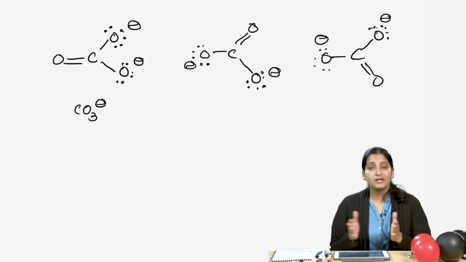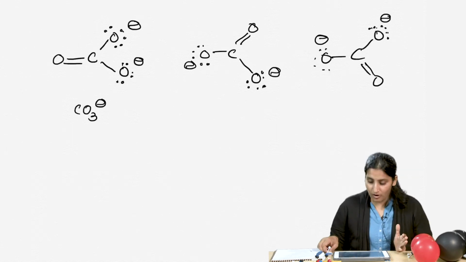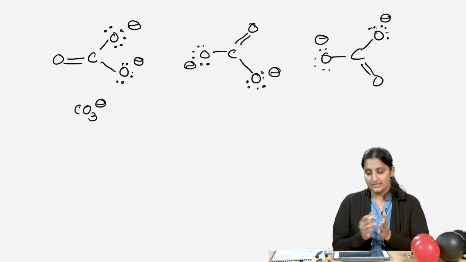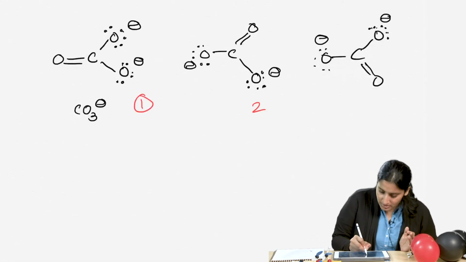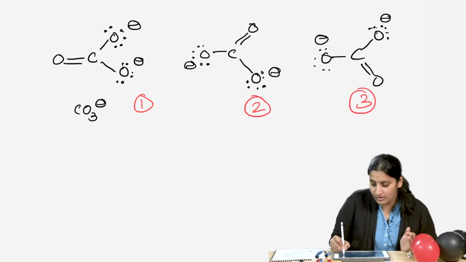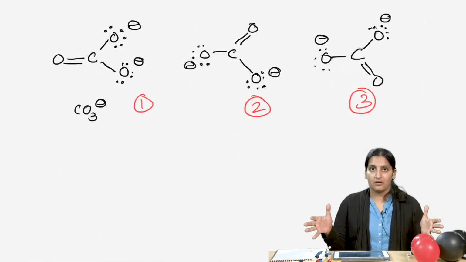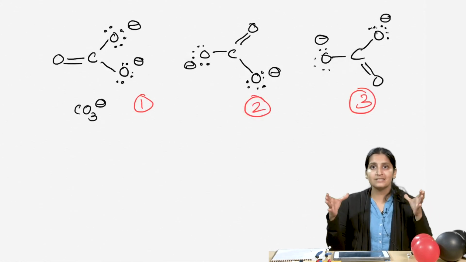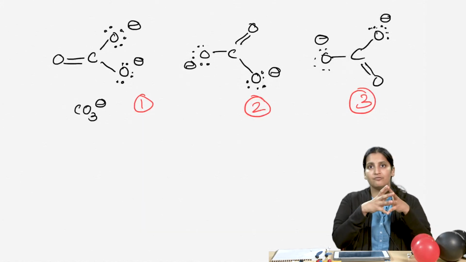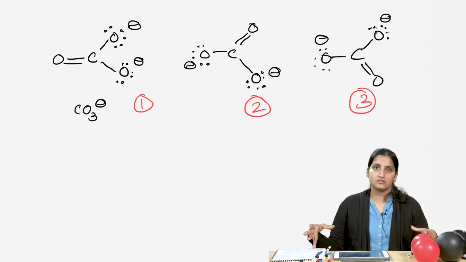So, this carbonate ion, as I have drawn, does not exist as the first, the second or the third one, but rather as all three at the same time. What exists is the hybrid, which is a mix of all of these structures.